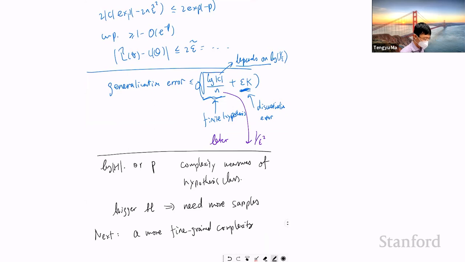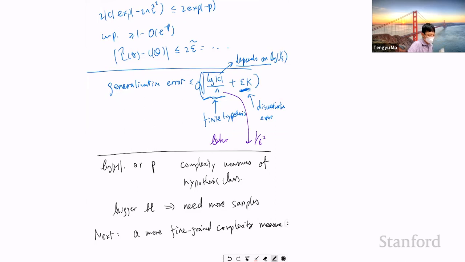But in the next few lectures we're going to have a more fine-grained and more fundamental complexity measure, called Rademacher complexity, and you can use it to derive many of these bounds in a more principled way. One of the important questions in classical statistical machine learning is to find out the right complexity measure for your hypothesis class. We're going to discuss what it really means by right and wrong; there's no unique answer.